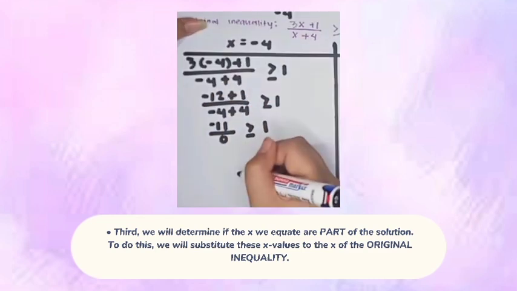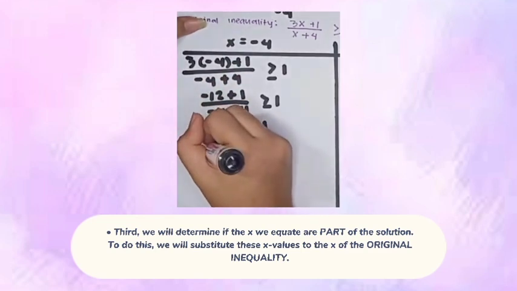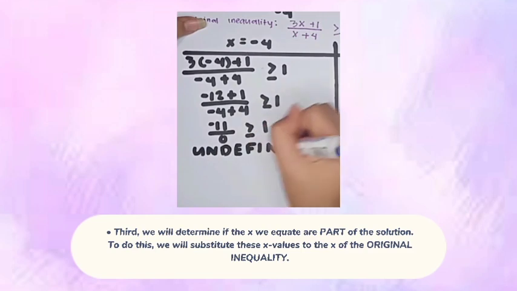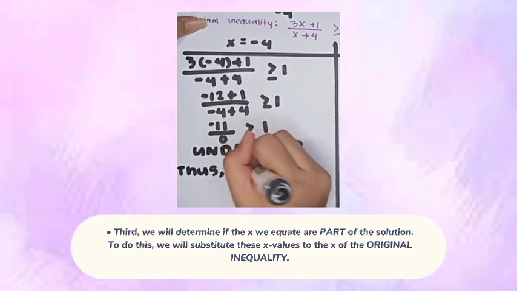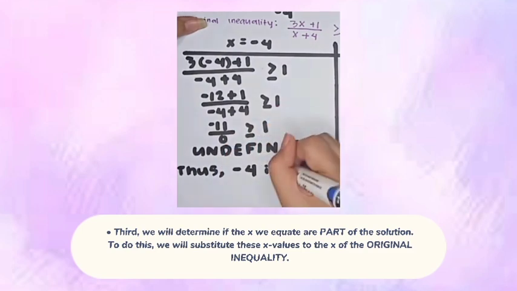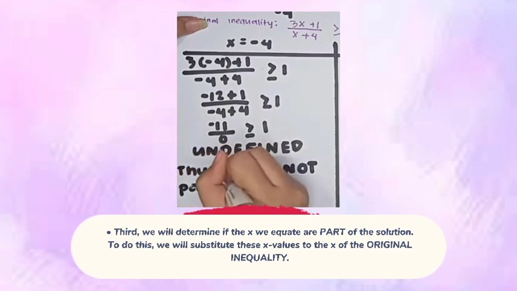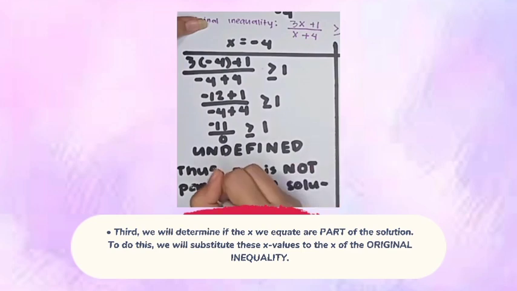So the result will be negative 11 over 0. Since the denominator of a fraction should not be equal to 0, this is actually undefined. Thus, x equal to negative 4 is not part of the solution.